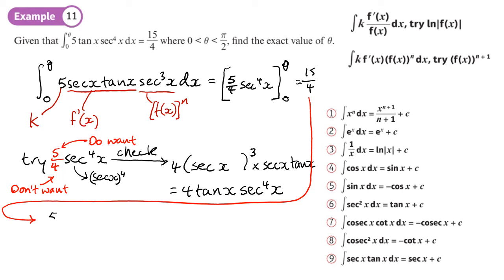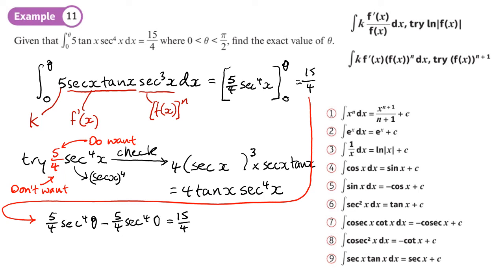So 5 over 4 times by sec to the power 4 theta, when you substitute in theta, minus 5 over 4 sec to the power 4 0, and that equals 15 over 4. Now I need to make sure my 0 doesn't look like theta.